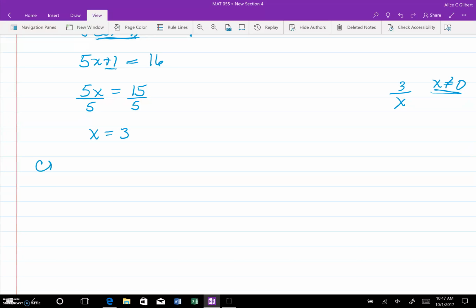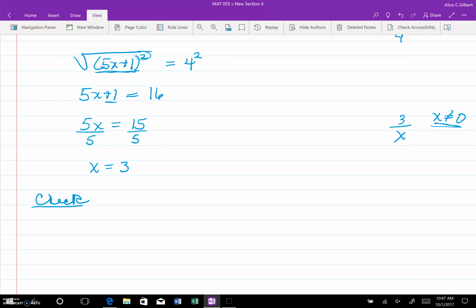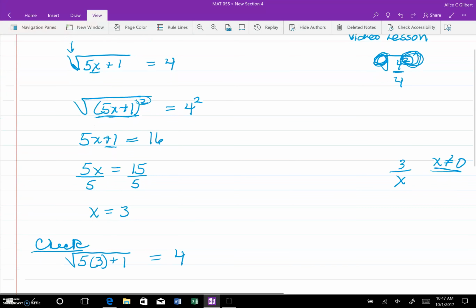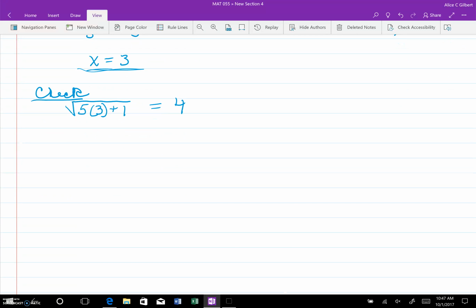So let's check this, and remember, whatever x is goes back into the original equation. So the square root of 5 times 3 plus 1 equals 4. Wherever there's an x, I just replace it with what I got for x. And now the square root of 5 times 3 is 15, plus 1.